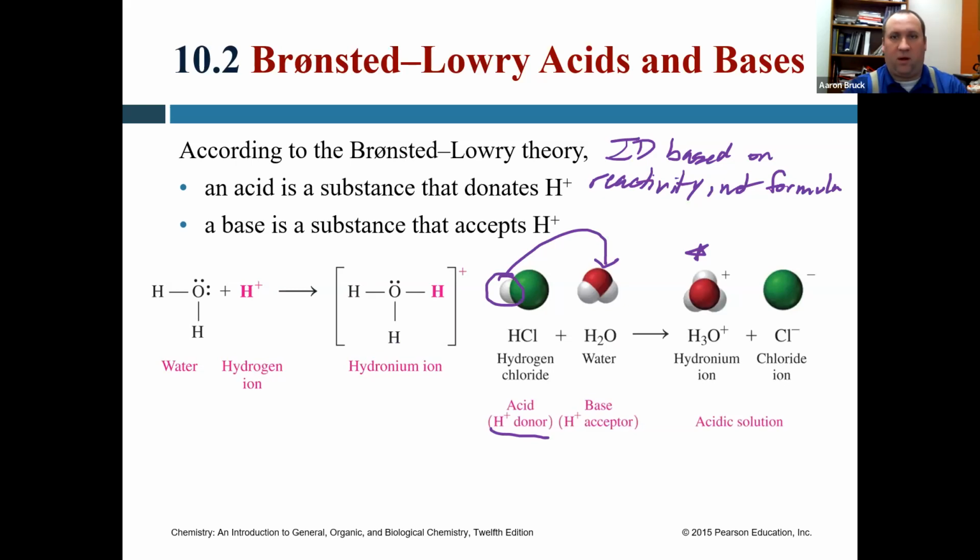So the Arrhenius definitions and the Bronsted definitions do work together, and they do talk about the same things. In fact, every single acid that is identified as an Arrhenius acid is also a Bronsted-Lowry acid. And every base that fits under the Arrhenius definition also fits as a base in the Bronsted-Lowry definition. The only difference is, instead of just identifying things based on formula, we're identifying them based on what they do, how they react with other stuff.